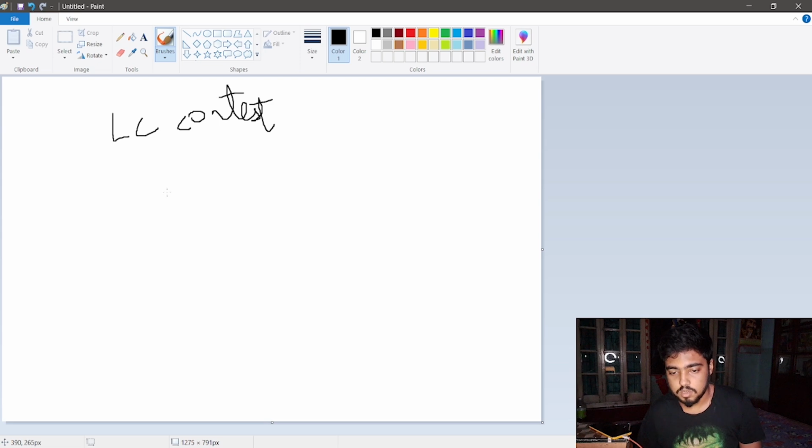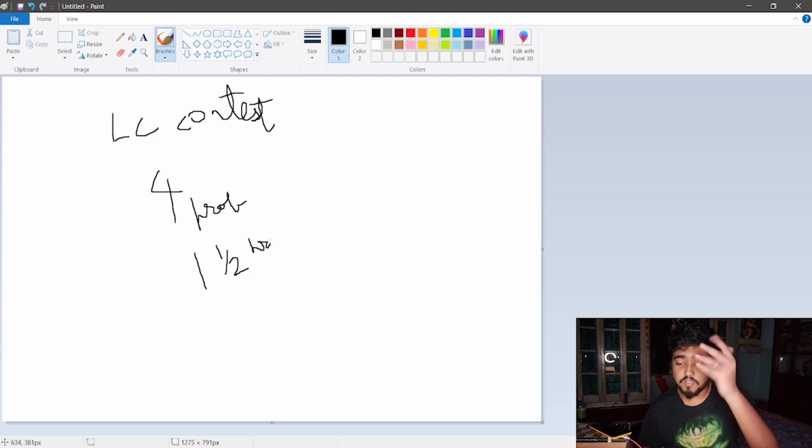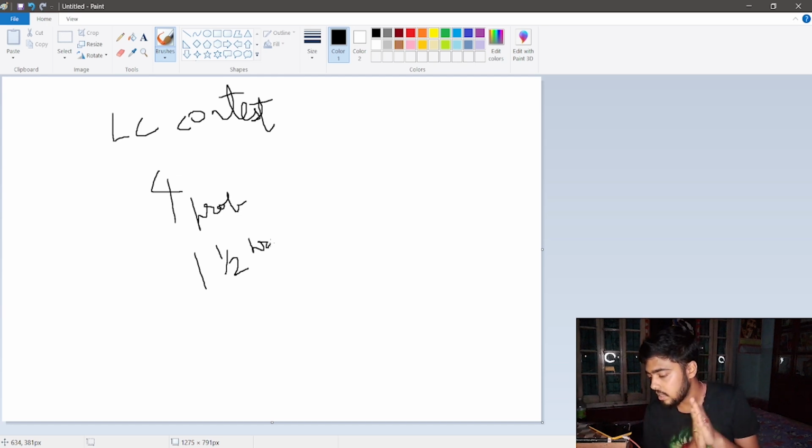Basically, in a Leetcode contest, you're given four problems and 1.5 hours, and within this 1.5 hours, you can solve as many problems as you can. So you can see that Leetcode and the coding rounds of every company have a similar kind of pattern. Leetcode is kind of a practice session where you can practice how a coding round is held in a company.